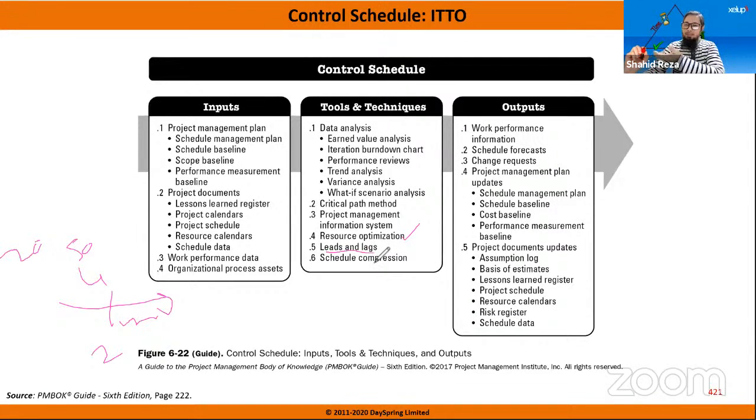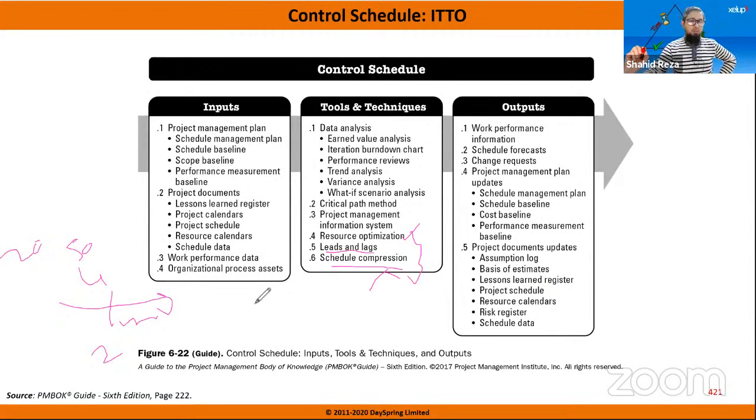You may also need to use leads and lags, negative or positive, or schedule compression. Compression has two techniques: crashing and fast tracking. So in controlling, based on the situation, you may need to use these tools again.